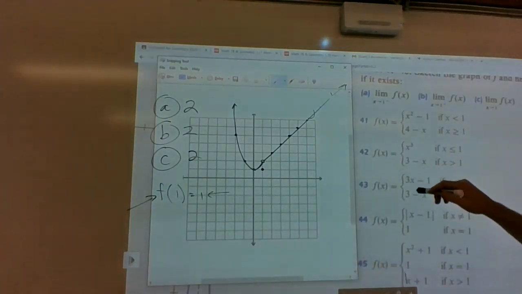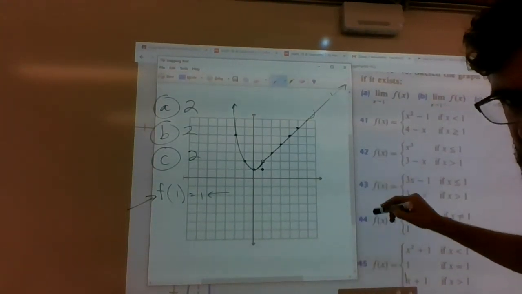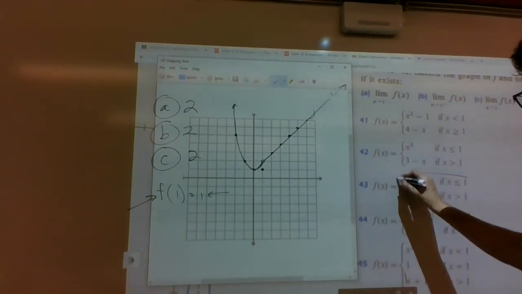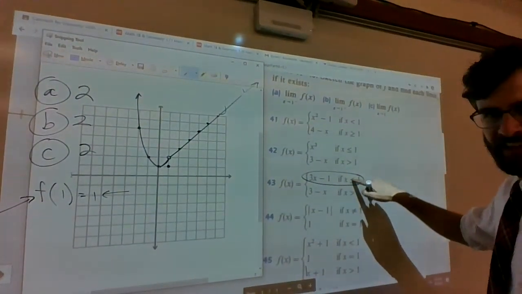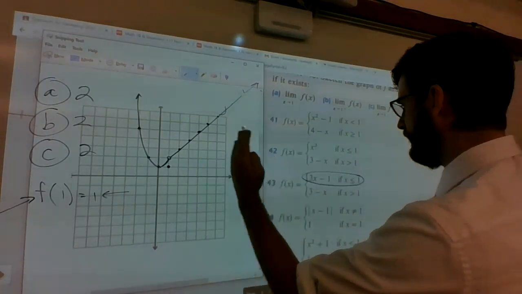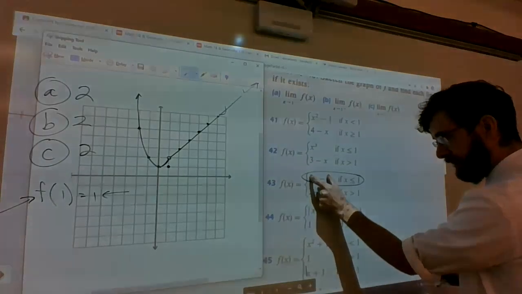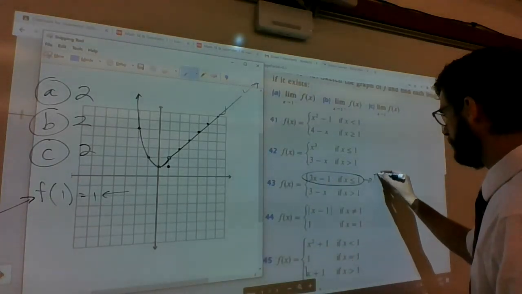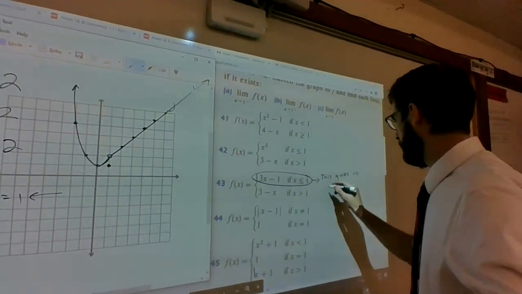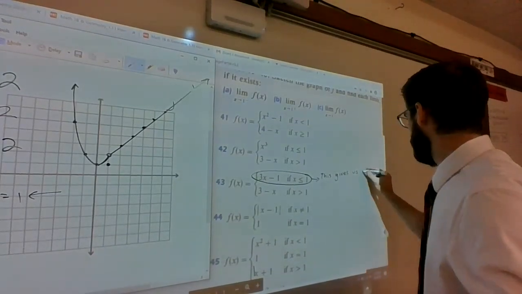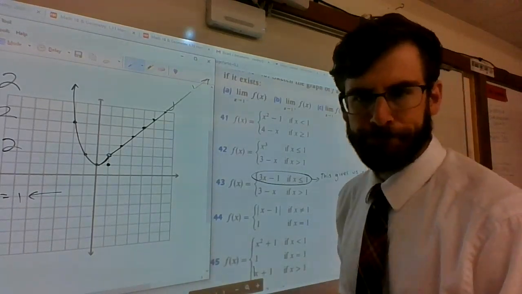But if you have something as clear-cut as number 43, what you can do to test the limits from the left and the right is say, this function right there, if we are stuck less than or equal to 1, then left endpoint behavior is going to be informed by this part of the piecewise. This gives us our left-hand limit.